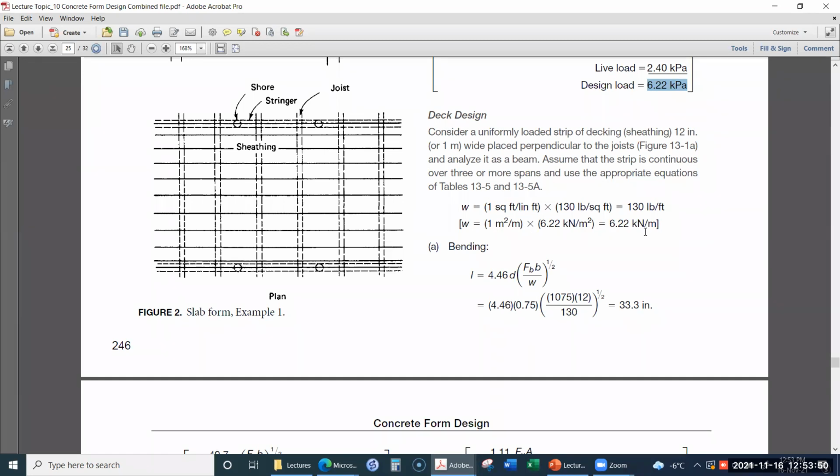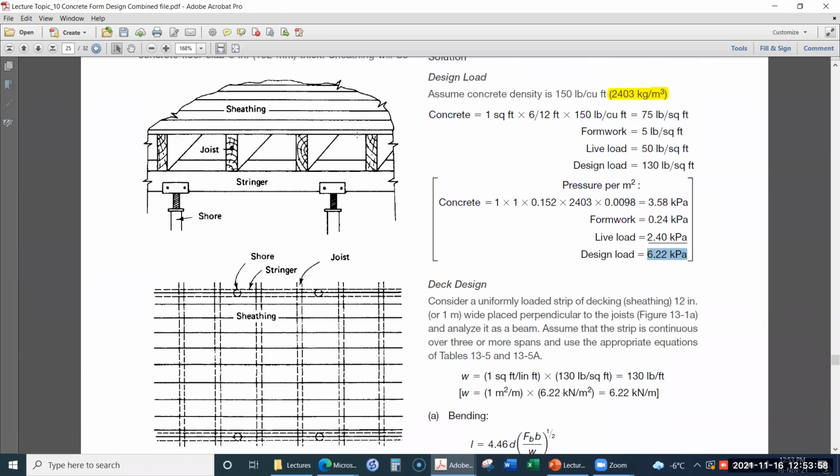For this weight on the sheathing, we now have to determine, for example, this sheathing being placed on these two joists, whether we will place the joists at this much distance or slightly more distance.